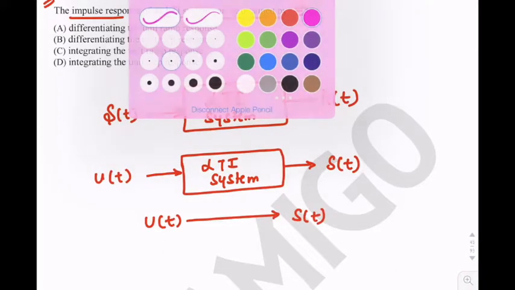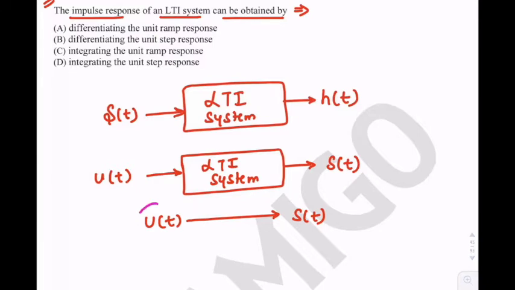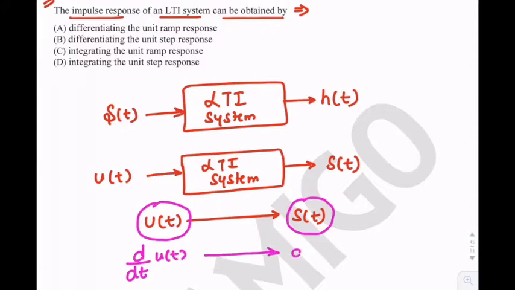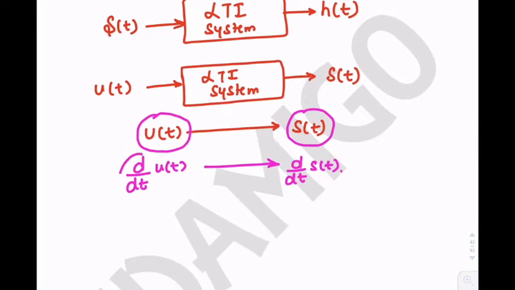Okay, now since this is an LTI system, u(t) produces output that is called s(t). Since differentiation is a linear operation, if we do a linear operation on the input, the same linear operation will be held at the output also. So if we differentiate the input, the output will also get differentiated, and differentiation of u(t) is delta t.